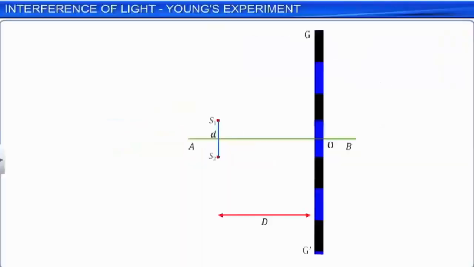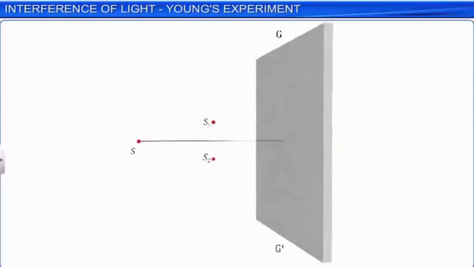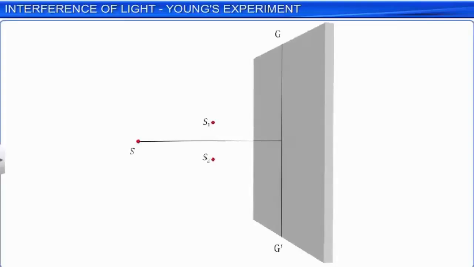If the central point O is considered to be equidistant from both the sources S1 and S2, then S1O is equal to S2O. This condition corresponds to n equal to 0 condition for a bright fringe, and hence we will have a bright spot at O. Now consider a line on the screen that passes through the point O and is perpendicular to both the lines AB and GG'.